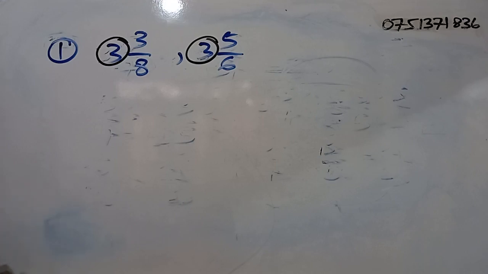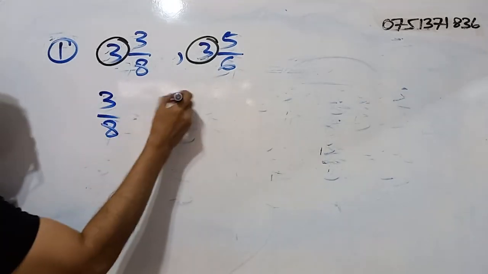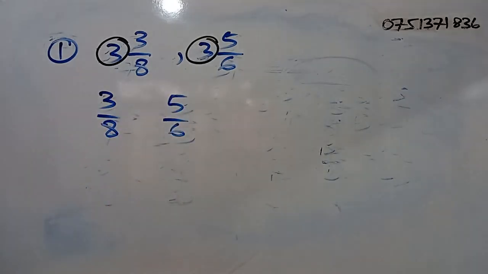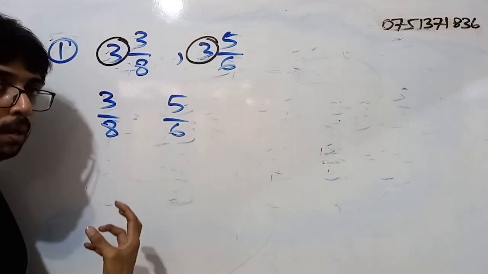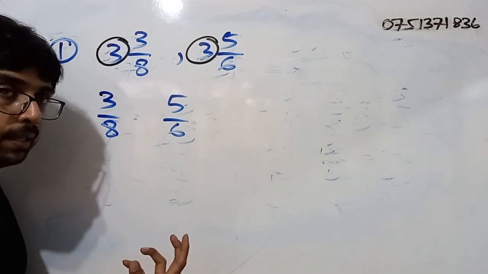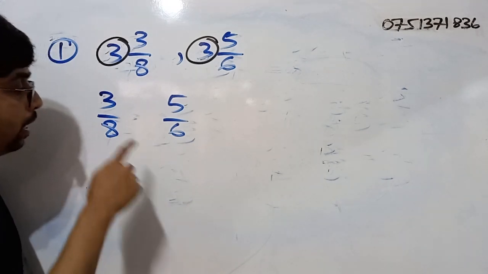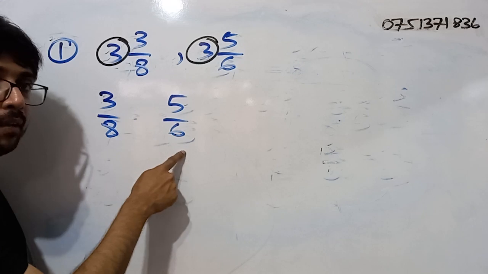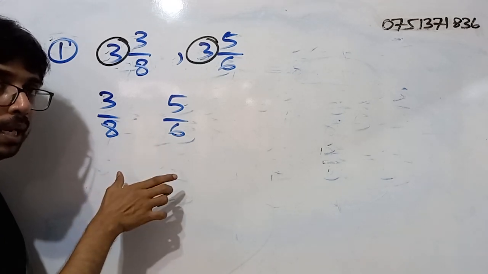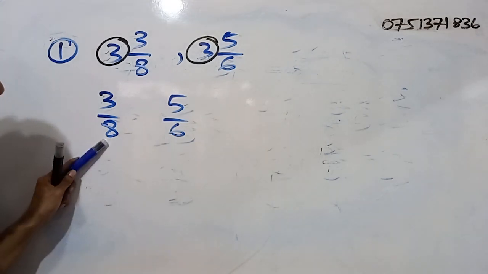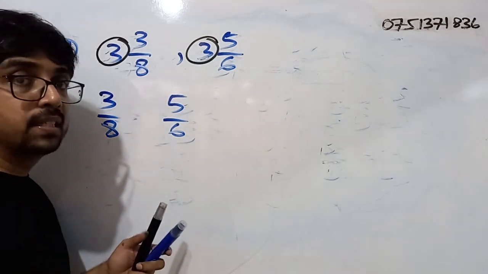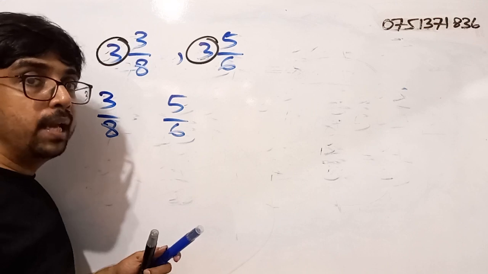So we have 3 by 8 and 5 by 6. We have two fractions that we need to compare. Can we compare them? No. Why? If we observe the denominators, they are different. One has 8 and the other one has 6. So we need to make them the same.